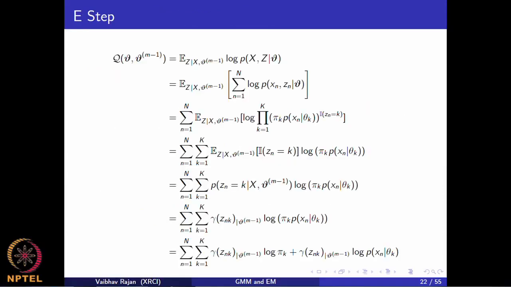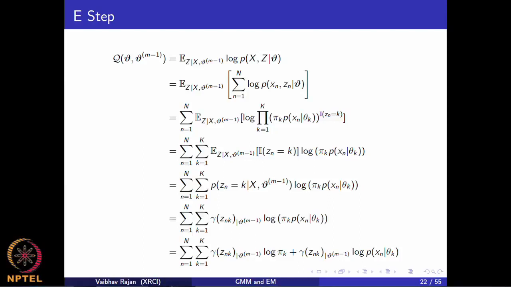So, let us see this one by one. The Q function, this is just by definition, is the expectation of the complete data likelihood under the distribution of Z given the previous guessed parameters, right. So, this log likelihood is just the log of the likelihood of x_n, z_n given the unknown parameters over all the data points.